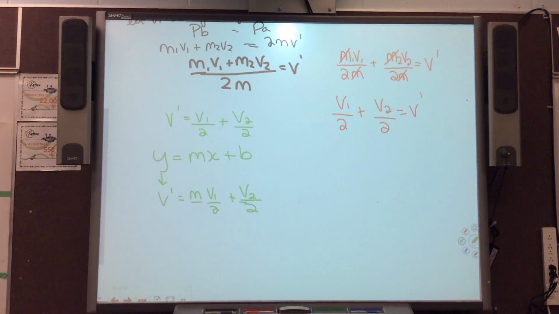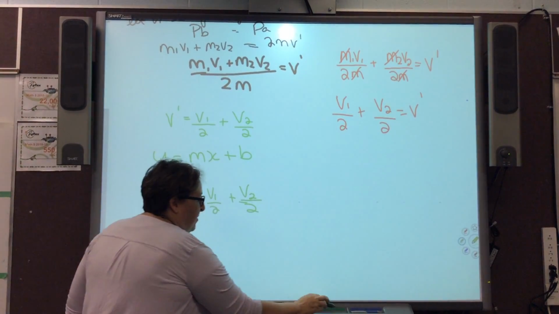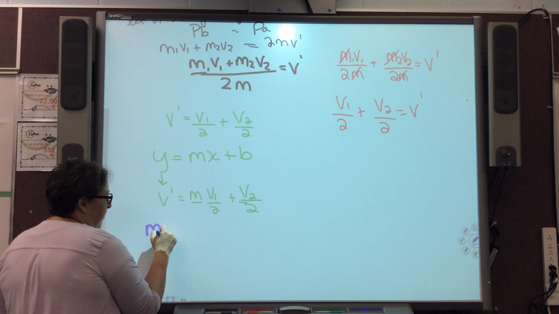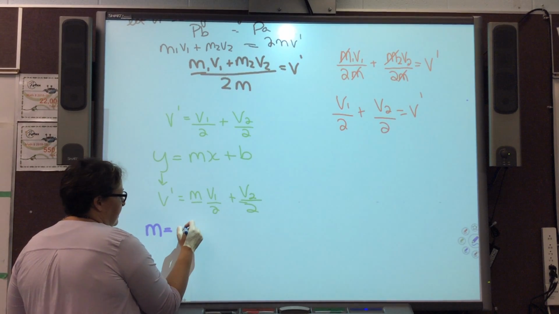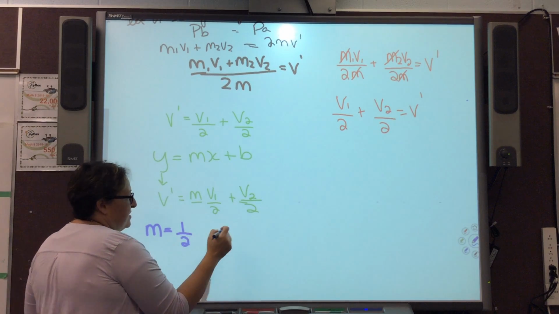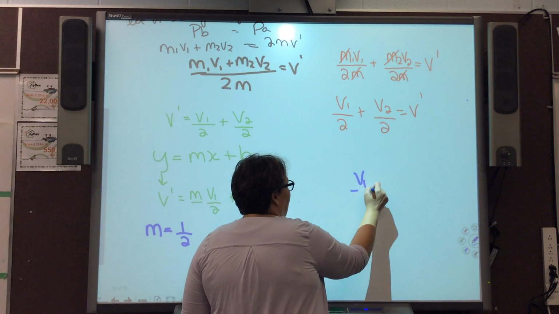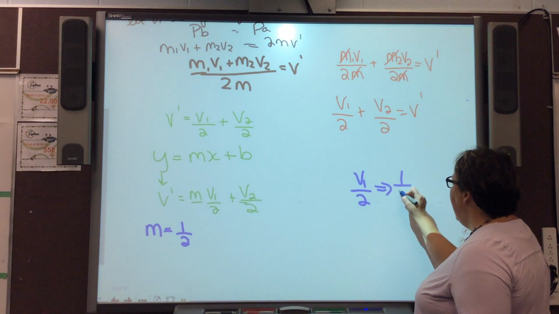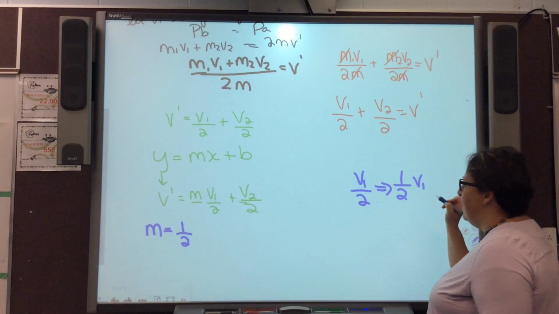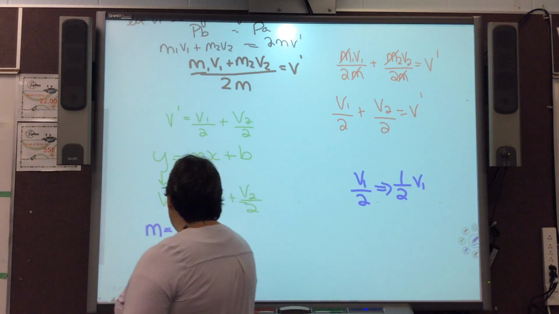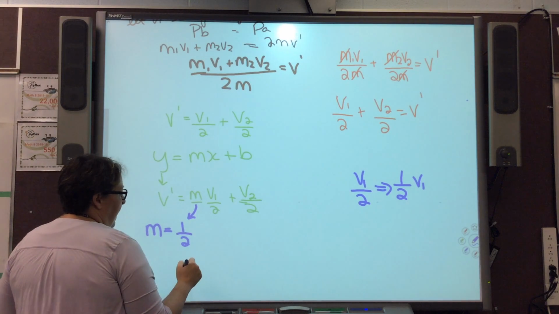So what we're going to see here, and this may trip you up a little bit, is that m is going to be equal to this 1/2. When you have v1 over 2, it's the same as saying 1/2 times v1. So our m becomes 1/2.